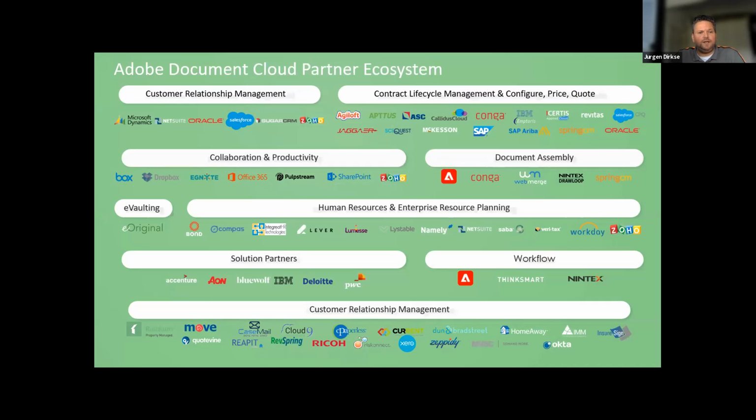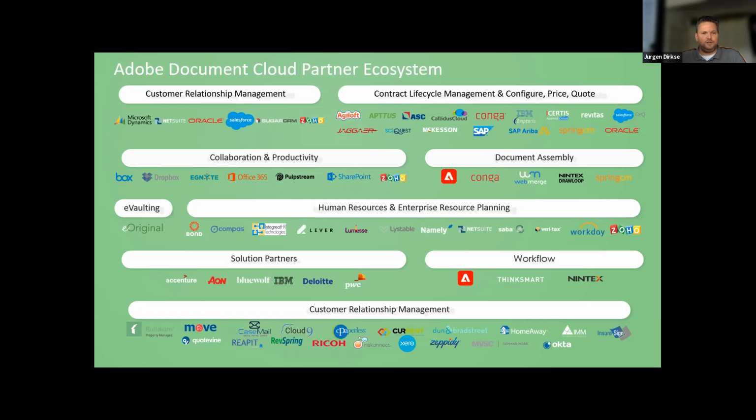If you look at the Adobe Cloud partner ecosystem, it's not only Microsoft or the largest ones like Salesforce or SAP, but we also have a lot of integrations on a local level, and we're still developing to do it with more partners as well.